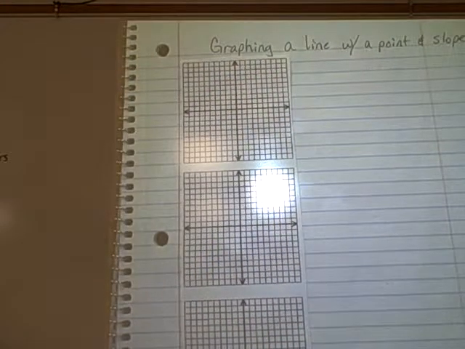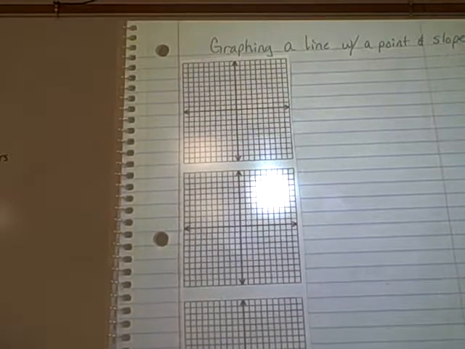And then the title of this page is Graphing a Line with a Point and Slope.